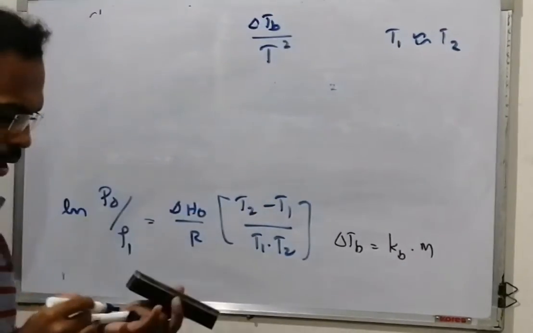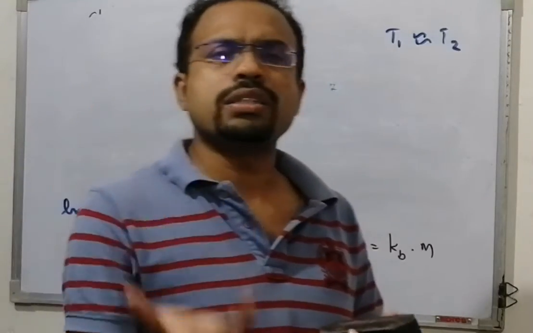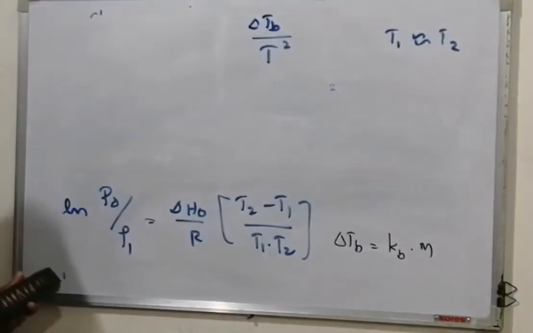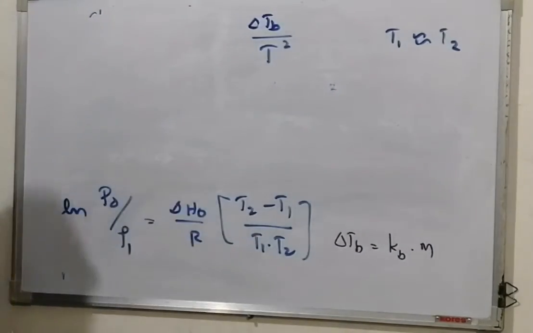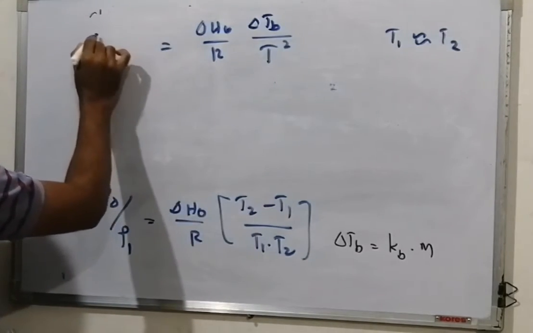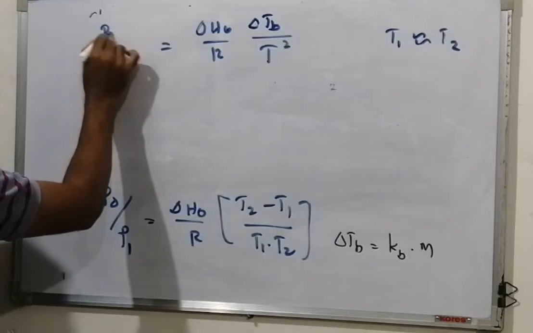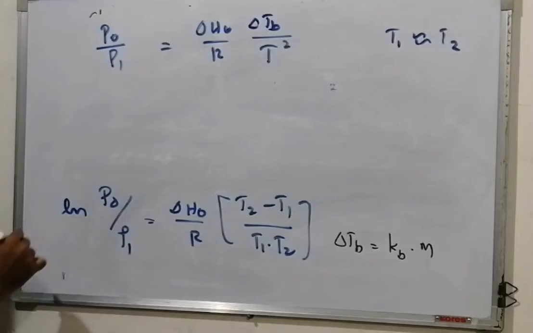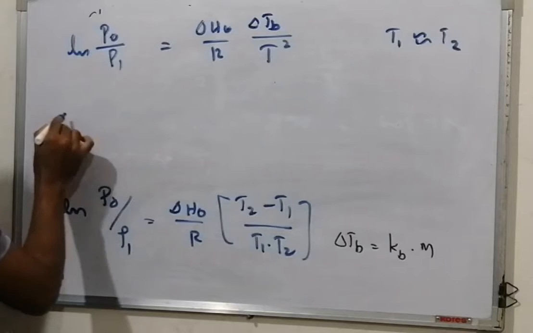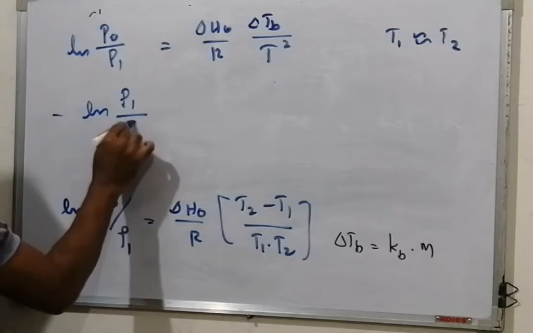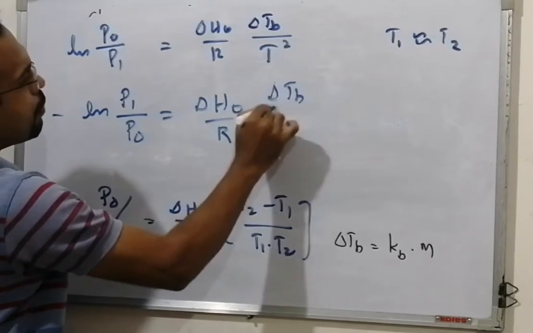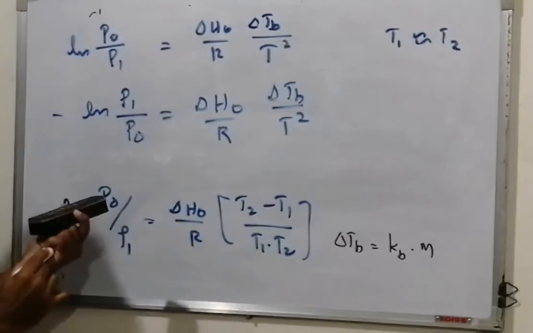An assumption, because one is 100 and the other is 110 or 105 or 101, that's a small difference. Therefore, only for convenience; otherwise you can use it like this also, no problem. Now we just rearrange: minus ln P1 by P0 is equal to delta H0 by R into delta Tb by T square.